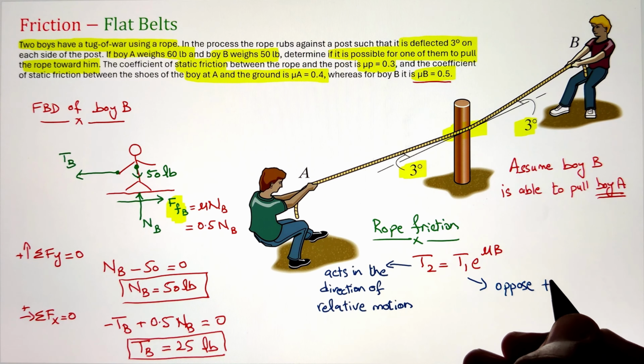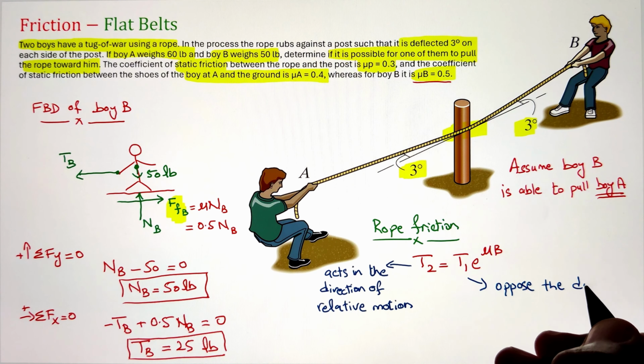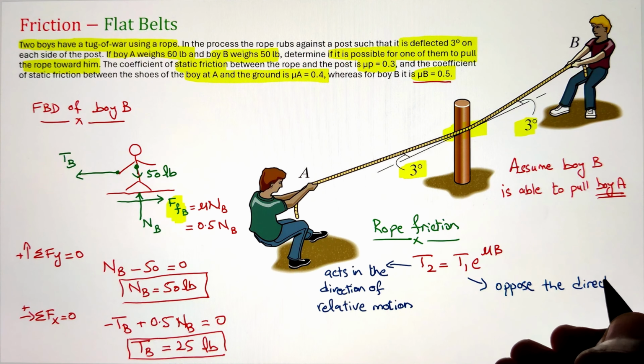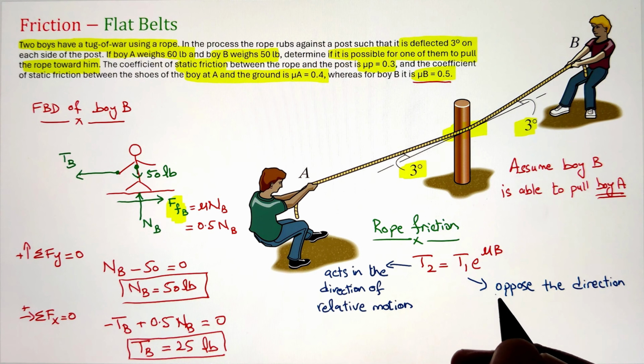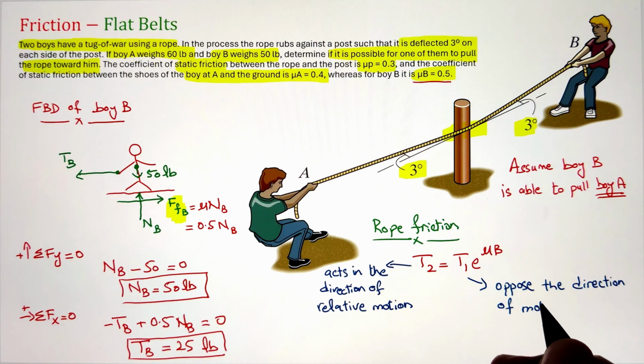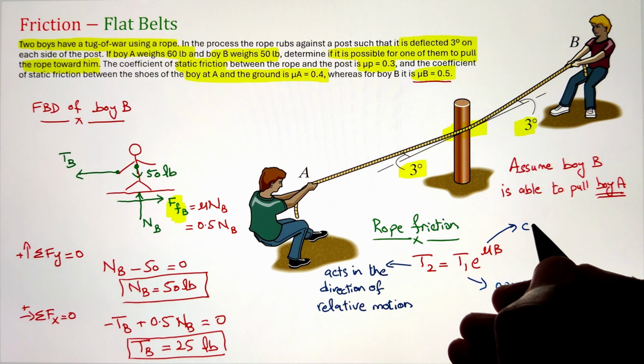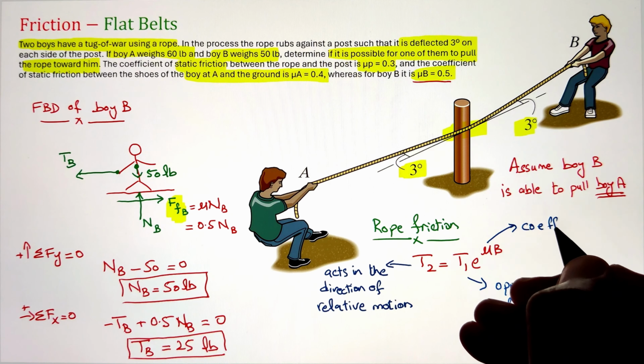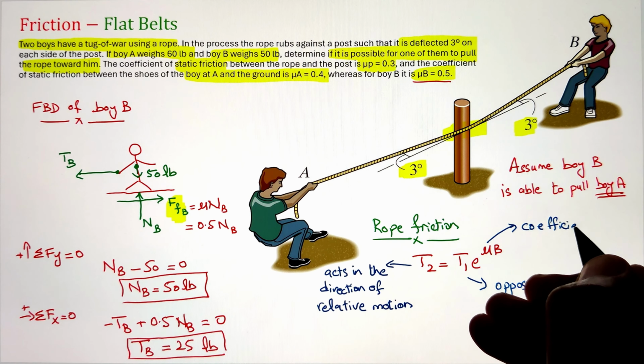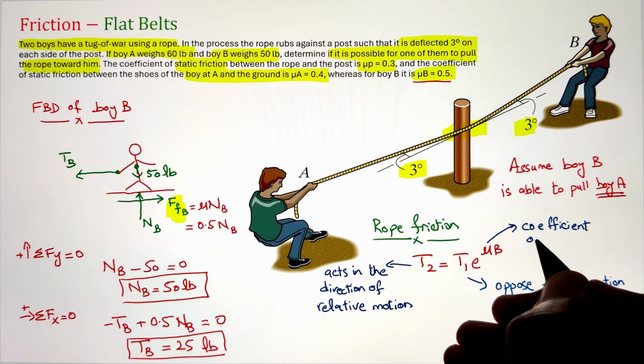Next, I have mu, the coefficient of static friction between the rope and the post, and it is given to us in the problem as 0.3. Finally, we have beta. This beta is basically the contact angle between the rope and the post.